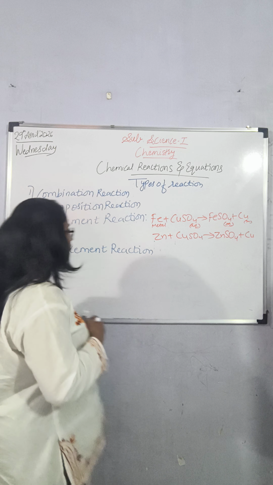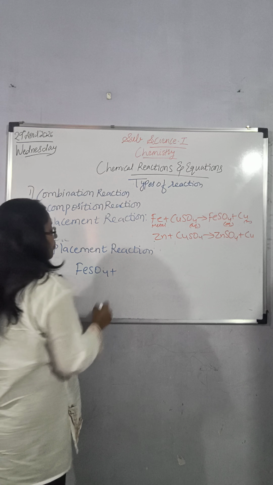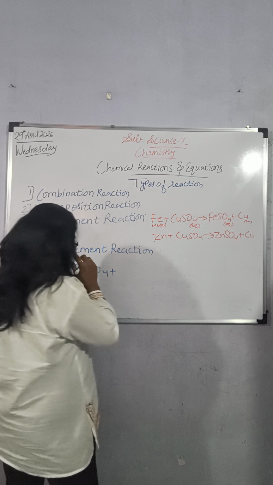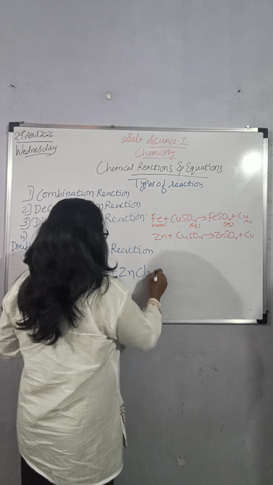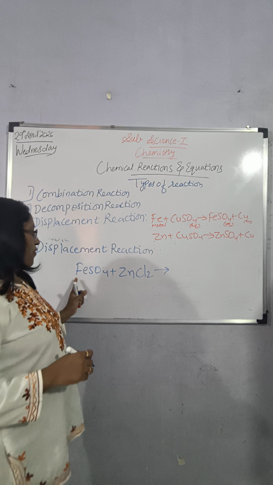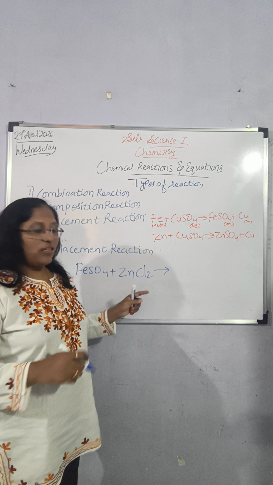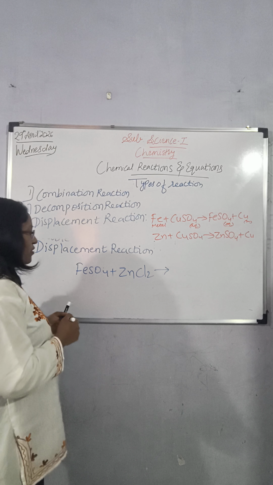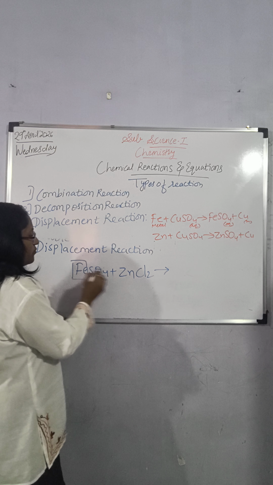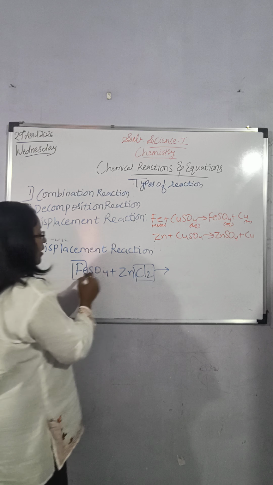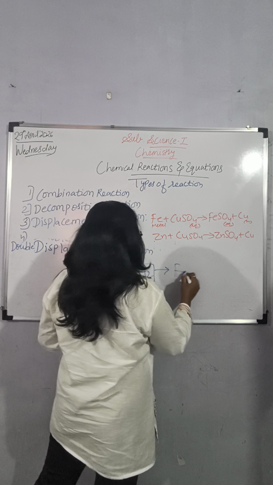Example: if I take FeSO4 plus ZnCl2. What have we taken? FeSO4 and zinc chloride, ferrous sulfate and zinc chloride. So in this reaction, what products are we going to get? Now this Fe will go with chlorine. So what product are we going to get?